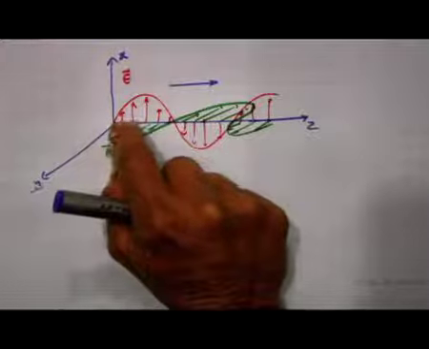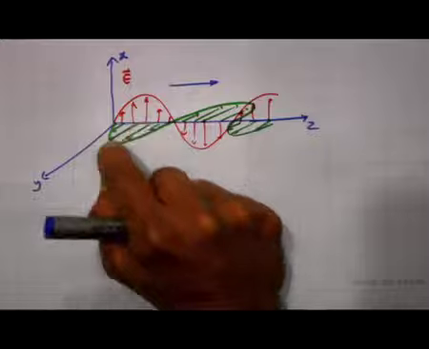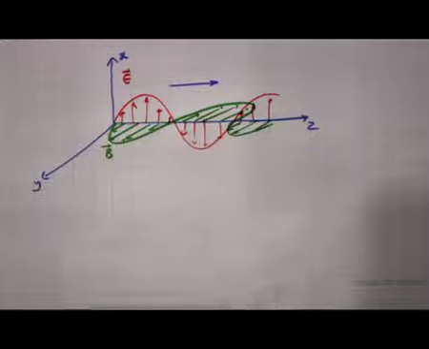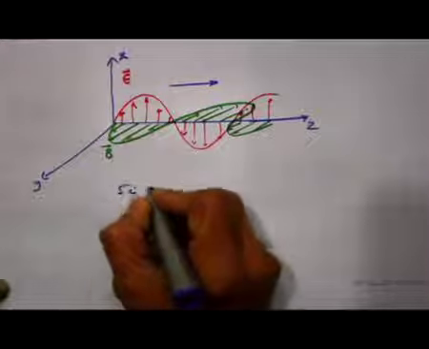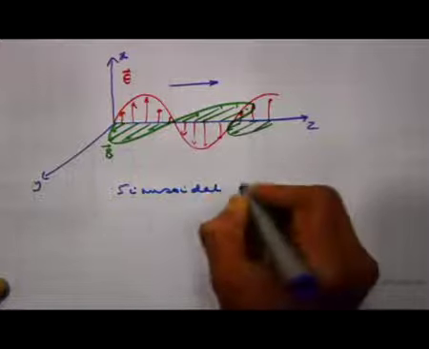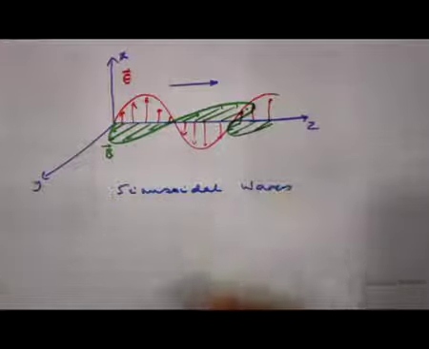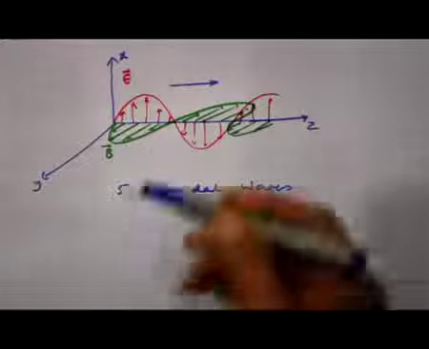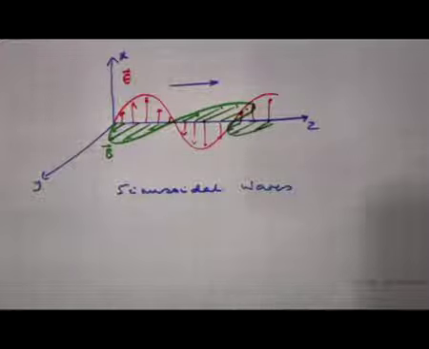When the electric field magnitude increases, the magnetic field magnitude increases. These are called sinusoidal waves, as I defined last time, because the space and time dependence of these waves, as I will write in an equation, are sine waves, and so the electric and magnetic fields are in phase.